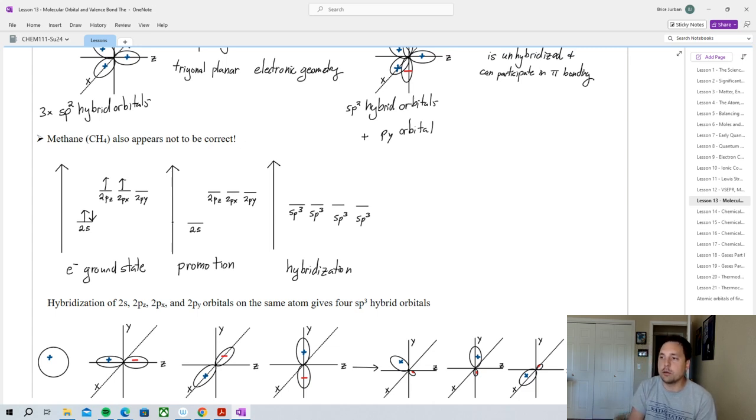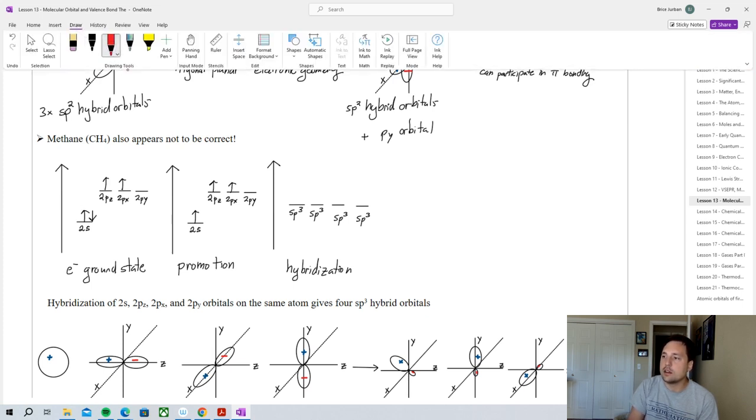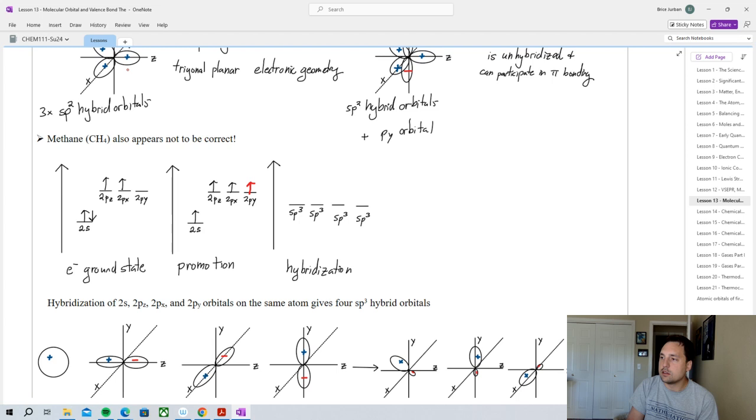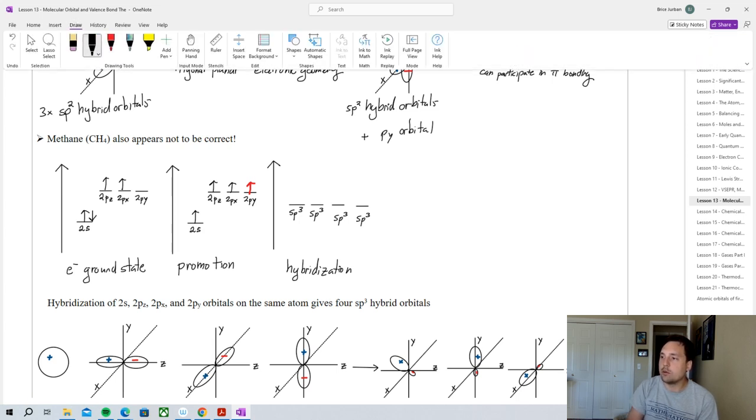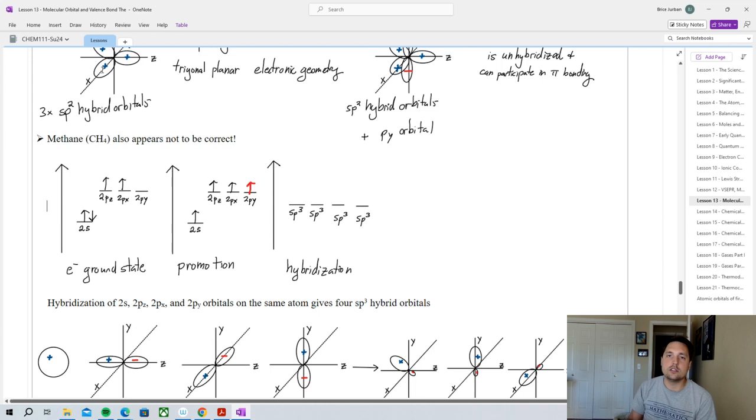So these 2 can combine, but these 2 electrons are unable to combine. We need to first promote them. So we'll promote one of those electrons to the 2p atomic orbital.